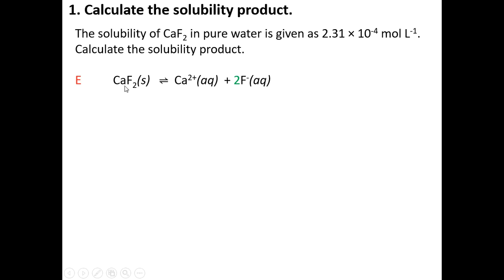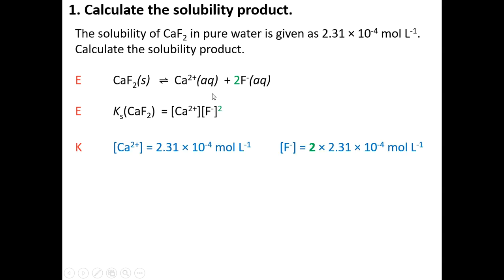So using the EEC method, first the equation. Notice that you've got 2 fluorides for every 1 calcium fluoride. Then the expression, and because you've got 2 fluorides, you have to square the fluorides. Now, if my solubility of calcium fluoride is 2.31 times 10 to the minus 4, it means the solubility of my calcium ions is the same, because 1 calcium fluoride gives 1 calcium, but the fluoride is double the amount.